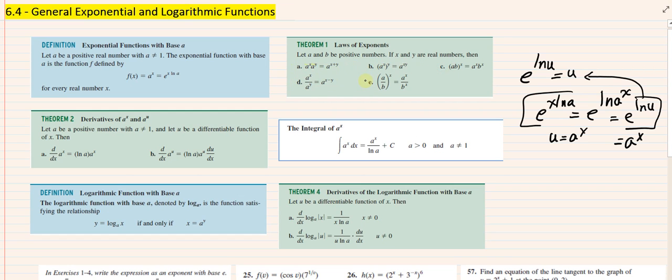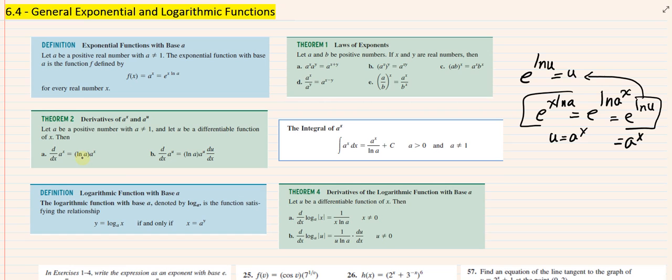Theorem 2 tells us about the derivative of exponential functions, where we have a to the x. The derivative of a to the x is a to the x itself times the natural log of a. Now the proof of these, we're just going to wave our hand over, and in the interest of time, state them without the proof. But the proofs are in the book if you're interested.